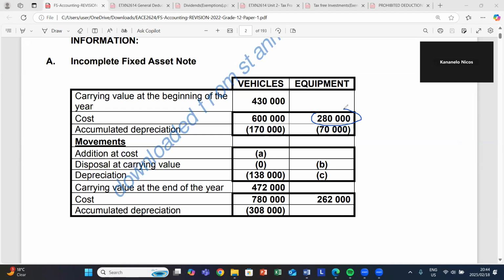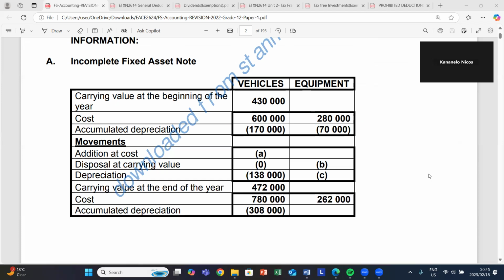So what are you going to do? You'll say cost price at the beginning, minus the cost price of the asset that you sold. Why are you minusing it? Because we're now just looking for the cost price of the asset which stayed in your business for a period of 12 months.